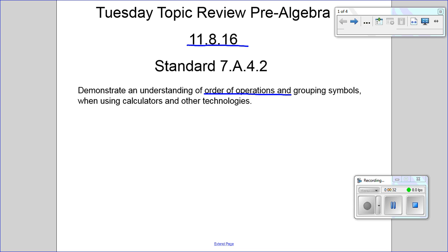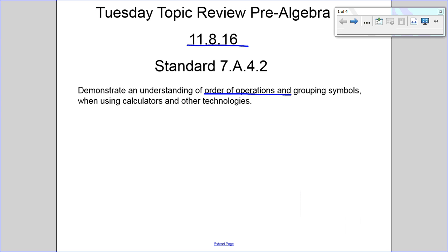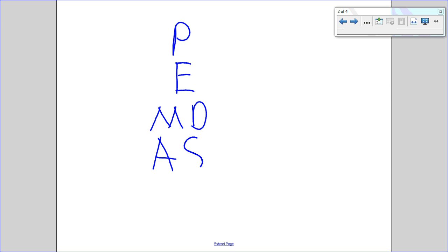Now, if you don't remember what order of operations is, maybe this will ring a bell. Okay, so PEMDAS, or please excuse my dear Aunt Sally.